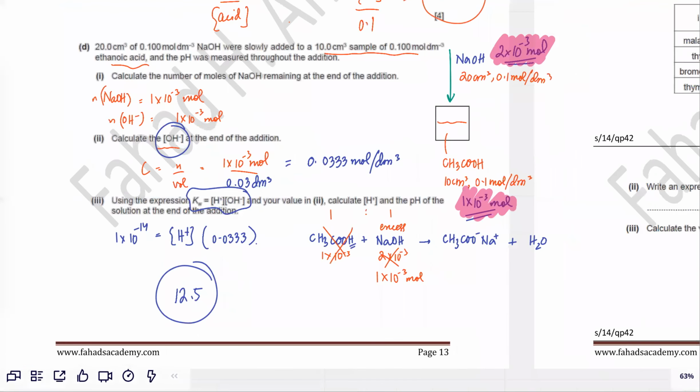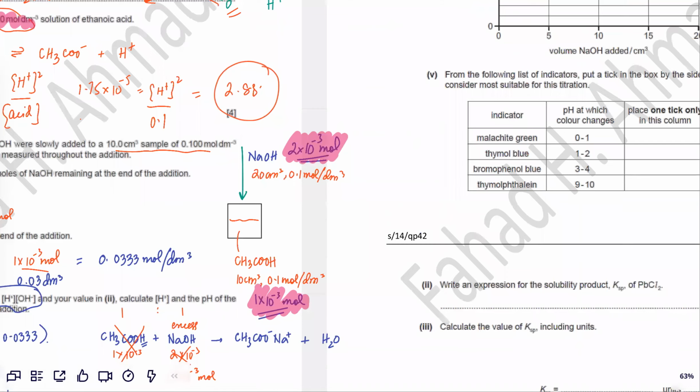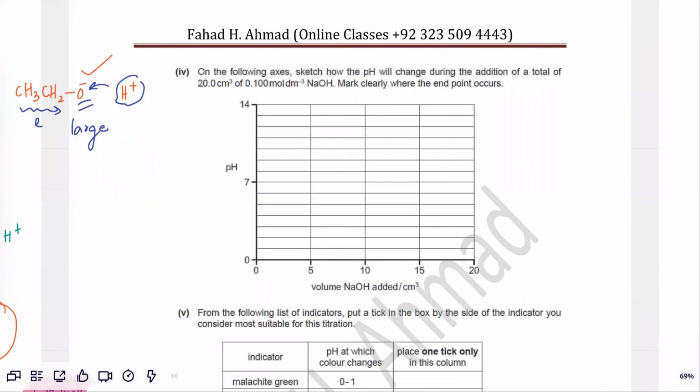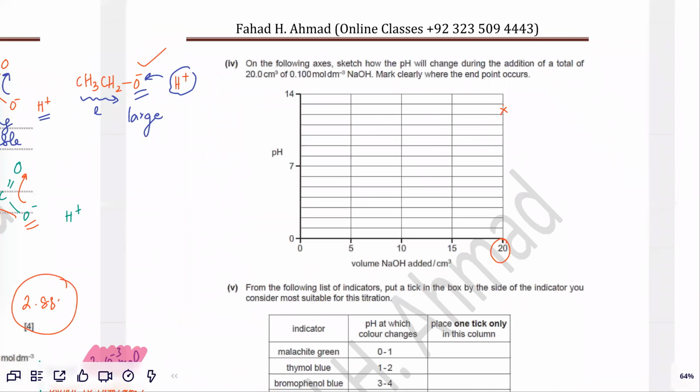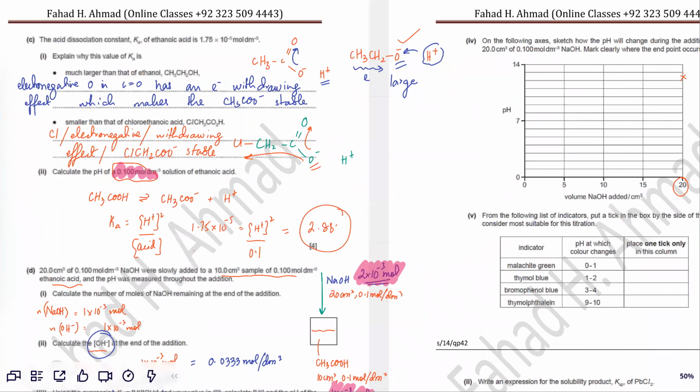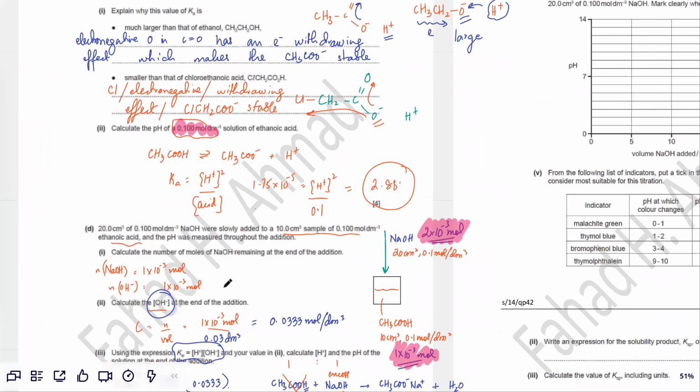And I think they're going to ask you to sketch a graph. So when you added 20 cm3 of NaOH, what's the pH? 12.5, right? This is 13, this is 12, so somewhere over here. And you also have the initial pH when you did not add any NaOH. You did calculate the pH of the carboxylic acid, 0.1 mole per dm cube, because he's using 0.1 mole per dm cube of carboxylic acid.